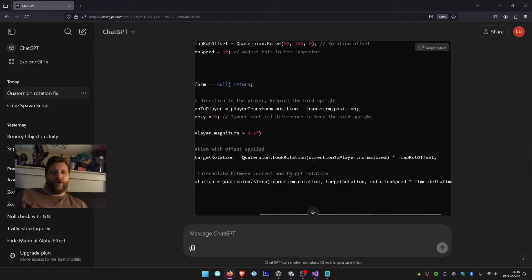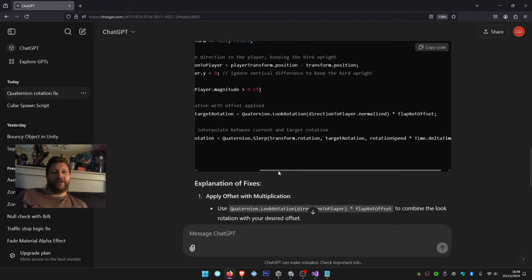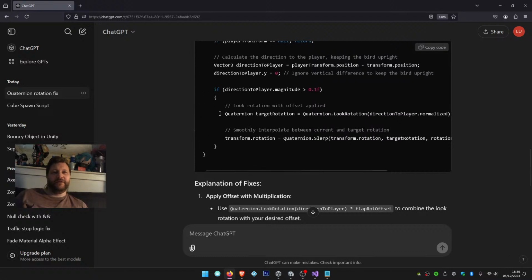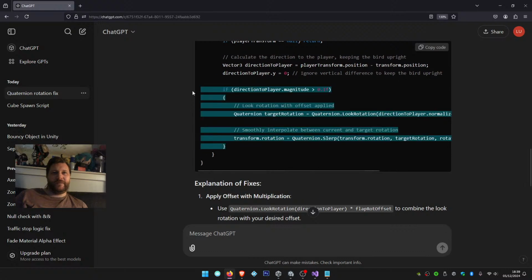So I was close. The only thing I was doing wrong is I was trying to add two quaternions, but you have to multiply them together, basically. I'll copy all of that.